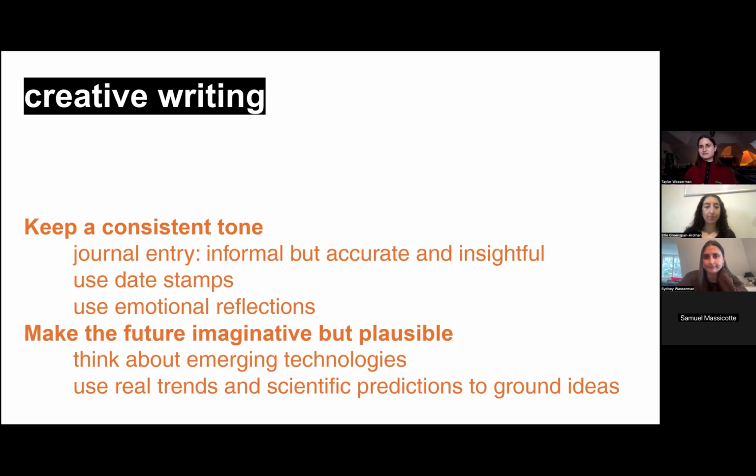as I mentioned before as well, for the future letter, we're just recommending to make sure that it's imaginable but plausible. So I had mentioned to think about real trends and scientific predictions that exist in the literature and in the research to ground your ideas, and to think about the emerging technologies that might evolve.